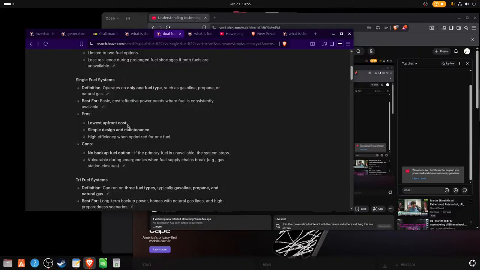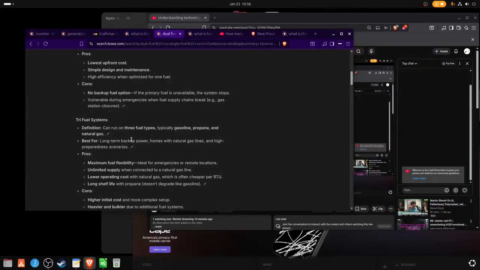That makes sense to me. If you're just thinking about creating something, it's gonna be more optimized if it's single purpose, or more, what's the word I'm looking for? Simple. No backup fuel option. Vulnerable during emergencies when fuel supply chains break. Example: gas station closures.